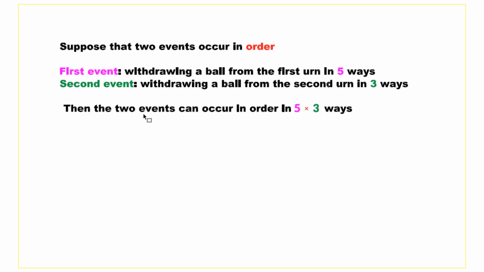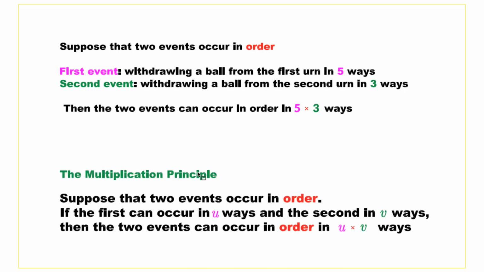Then the 2 events can occur in order in 5 times 3 ways, which is 15 ways. So in general, if we have 2 events occurring in order, the first one can occur in U ways and the second one can occur in V ways, then the two events can occur in order in U times V ways.